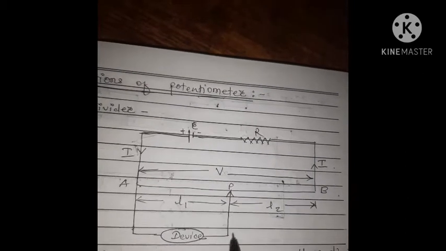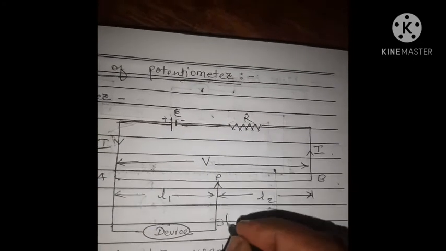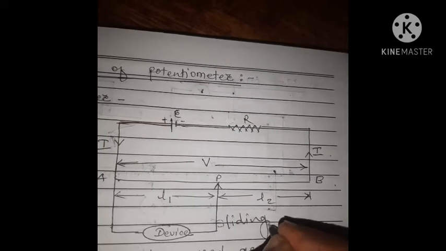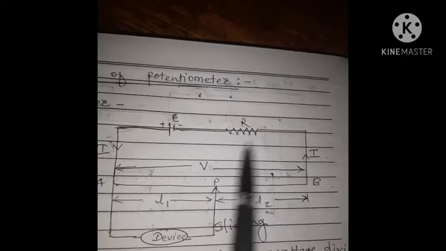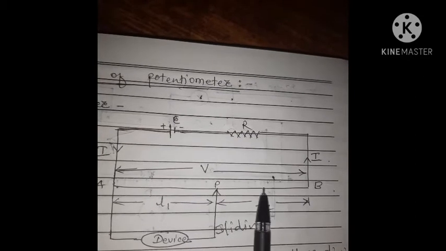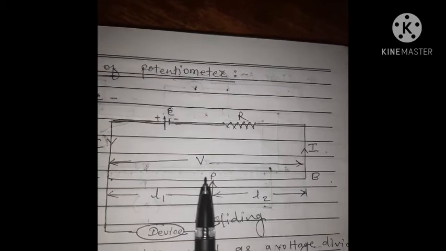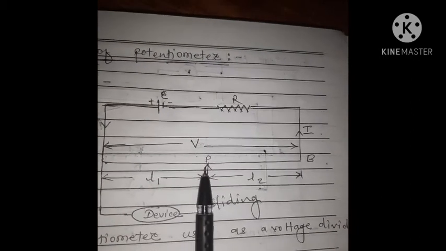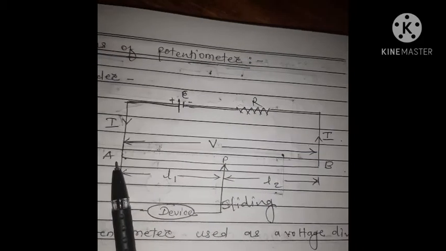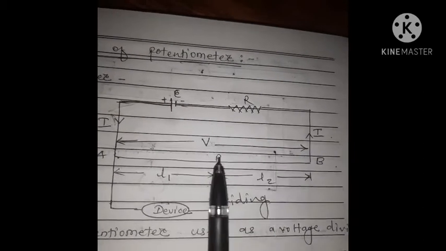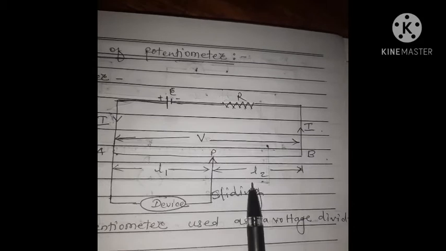This terminal is sliding over wire AB, meaning it can move on wire AB. So the length between this pointer and point A is, suppose, L1, and the length between the pointer and point B is, suppose, L2.